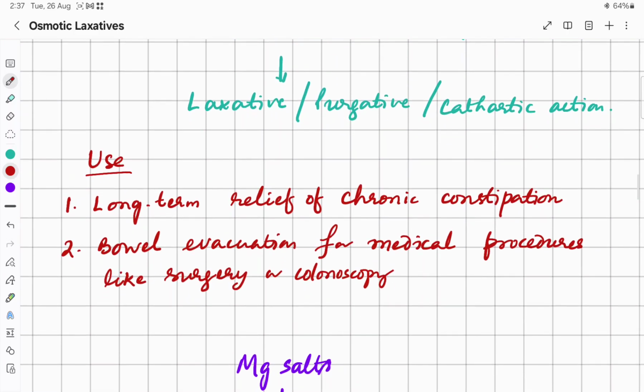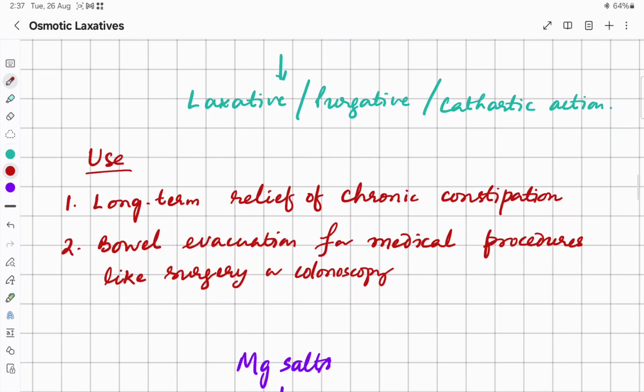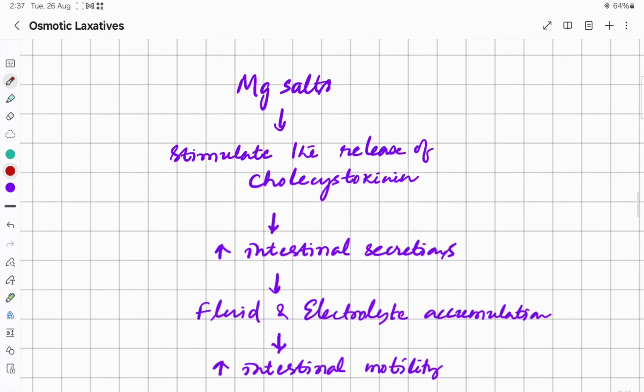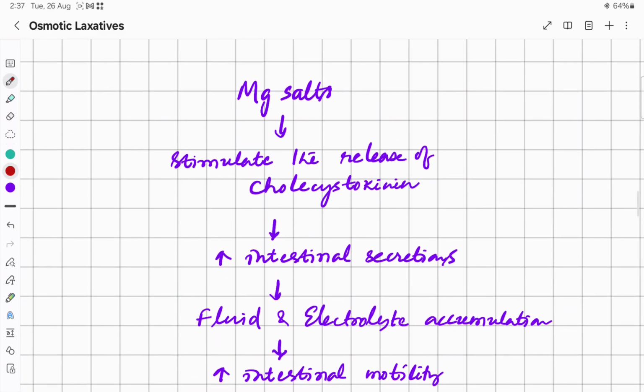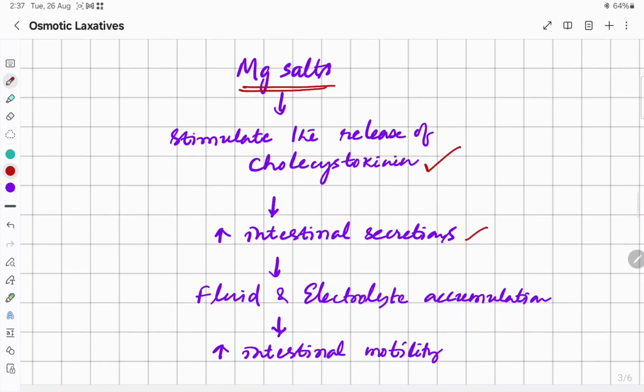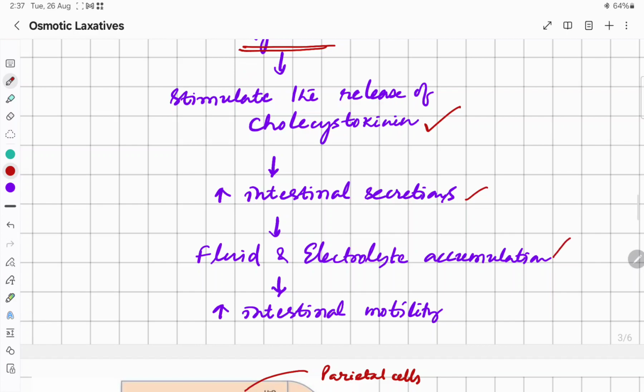So we can also discuss another mechanism, particularly with magnesium salts. Magnesium salts stimulate the release of cholecystokinin, which increases the intestinal secretions and causes fluid and electrolyte accumulation, and also increases intestinal motility or peristaltic activity because of this increase in bulk.